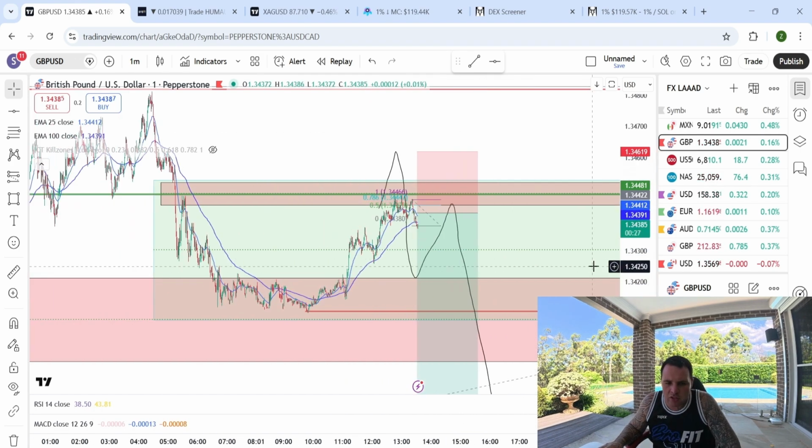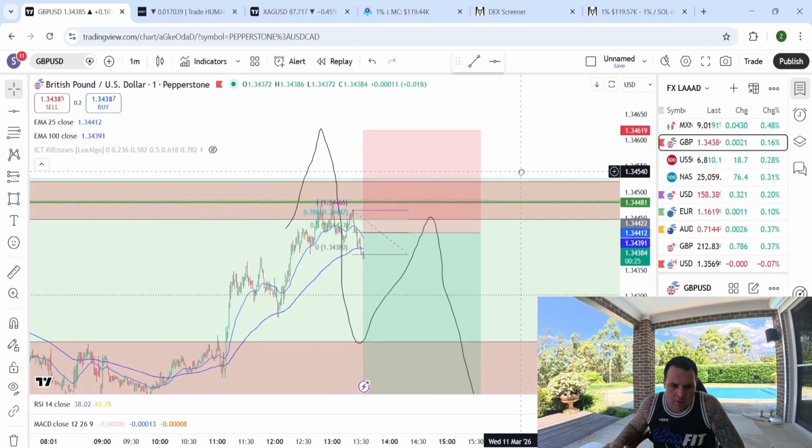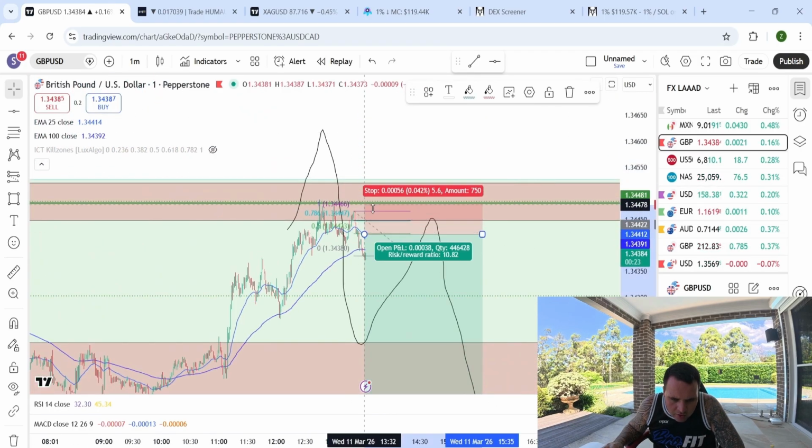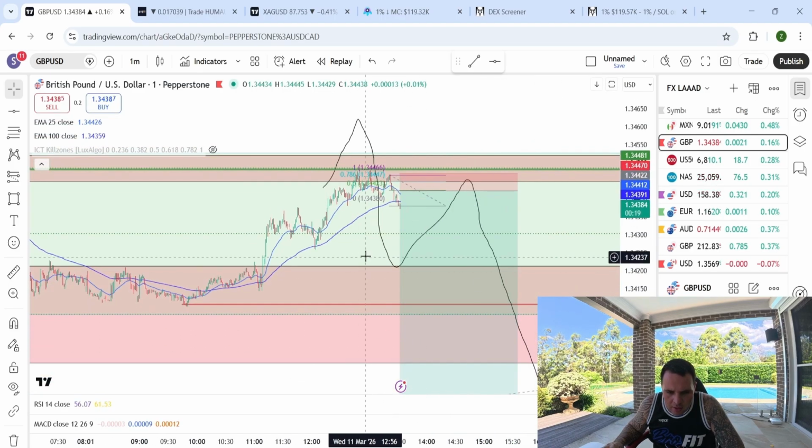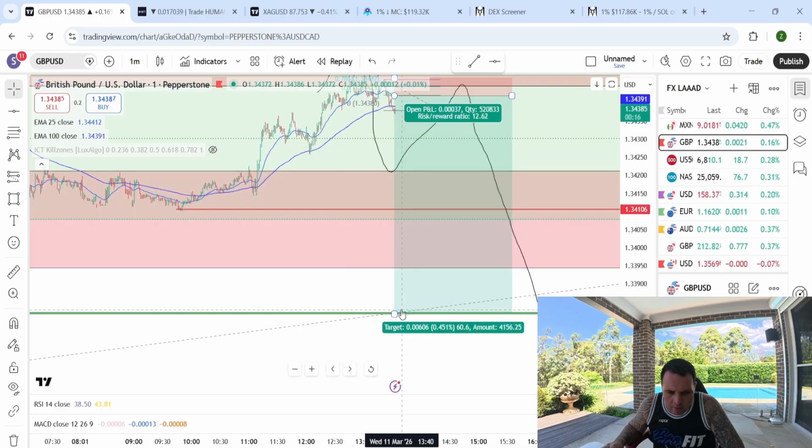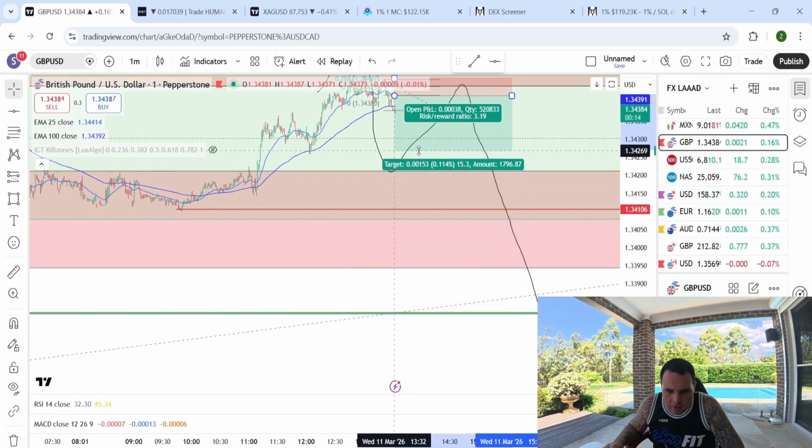But as the structure stands now, you know what, we could even tighten this up. Structure shifted, and we're going to go for a 3-to-1. Don't even worry about that whole movement. We're a 3-to-1 right there.